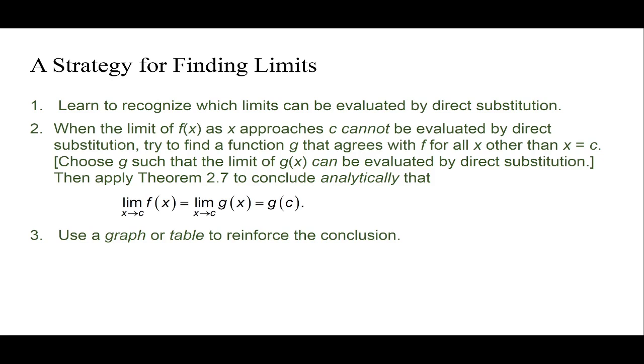Try to find a simplified form of that function, like we did in the previous example, where we simplified f of x and got g of x. Now by using theorem 2.7, we can find the limit of that simplified form, and it would be equal to the limit of the original function. And then if it's possible, use a graph or table to find the conclusion. So these are the three tips we can use while finding limits.